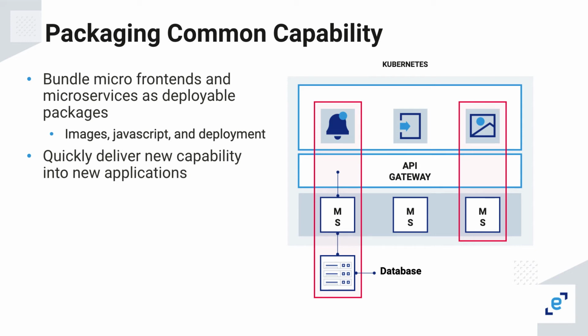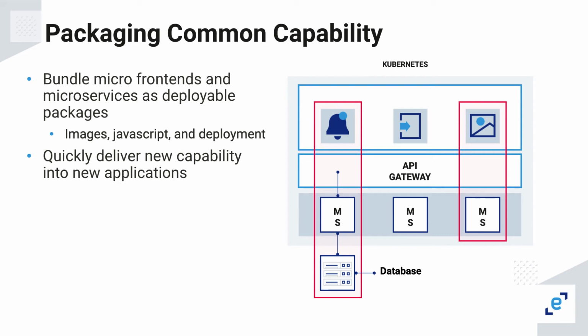You can make alerting and the associated microservices and micro frontends that go with it an enterprise toolkit that you can deliver into many applications. So as you get into a micro frontend journey and design, think about how you want to design your packaging and metadata so that you can deliver a set of functionality to a new application or to a new user in a very quick way. That's always been the goal of microservice architectures, to enable reuse and agility, and the same thing is true of micro frontends.